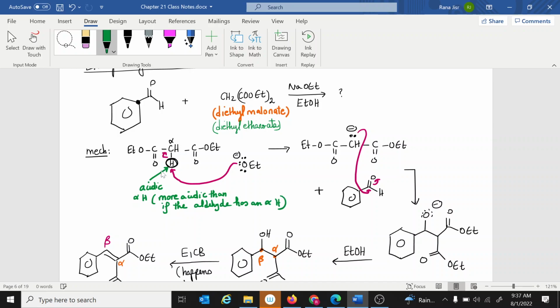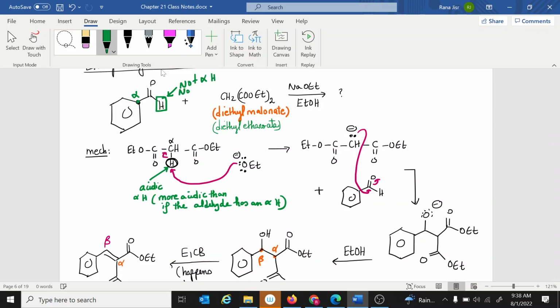I said if because here the aldehyde does not have an alpha hydrogen. It doesn't have an alpha carbon, and on this carbon there is no alpha hydrogen in there. This is a benzene, and the carbon already has 4 bonds, so no alpha hydrogen. One more thing, this is not an alpha hydrogen.